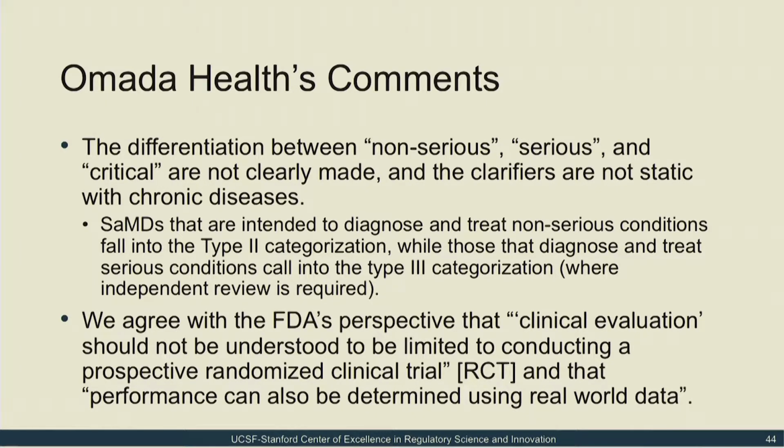However, as the same patient progresses to moderate stage diabetes and develops minor complications, they can be considered to have a serious condition. And if then progresses to late stage diabetes with life-threatening complications such as chronic kidney disease, it can be considered to have a critical condition. This hypothetical shift from non-serious to serious disease type patient condition significantly changes the level of regulatory oversight, hence the need, according to Omada, to clarify these definitions.